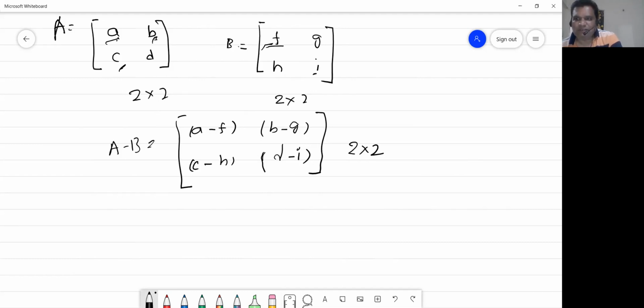In the next class, we'll go for matrix multiplication and transpose of a matrix. In this class, we conclude that a matrix is a rectangular array of numbers enclosed within brackets, and its use is widely accepted, with fantastic applications in engineering and also in data science.